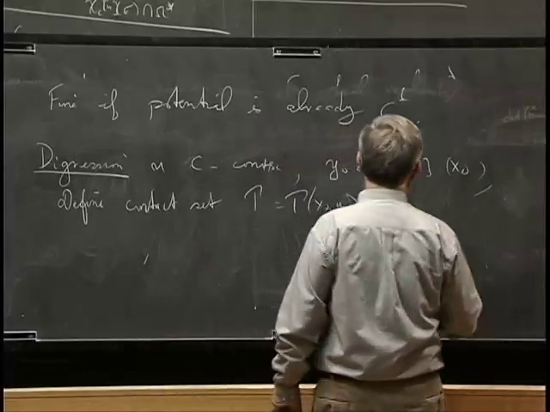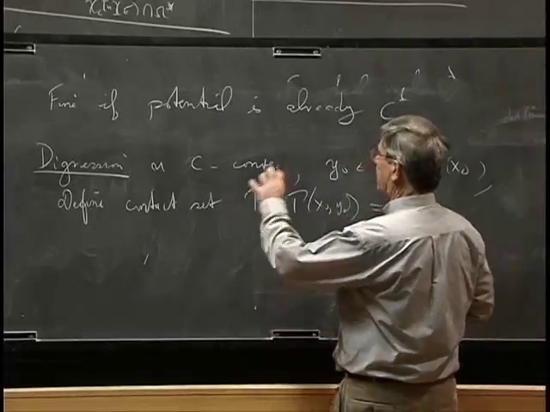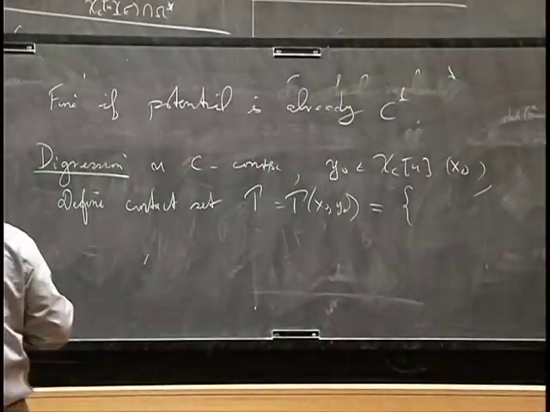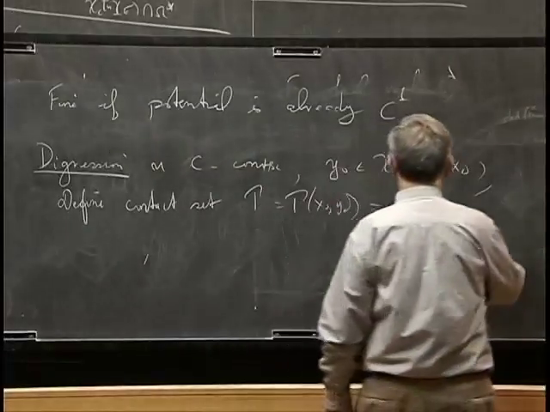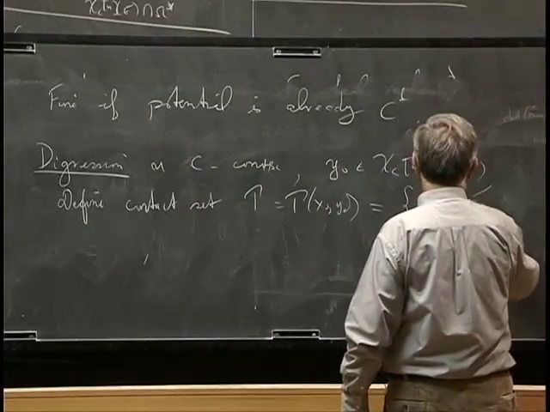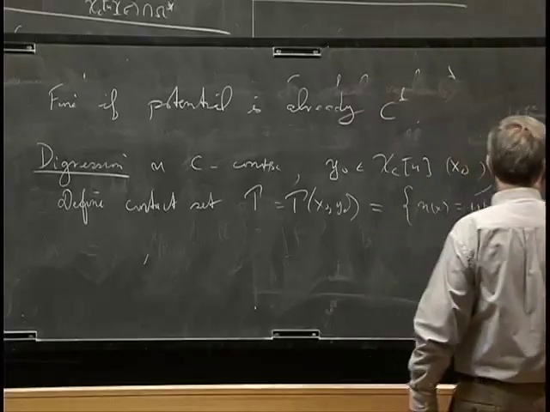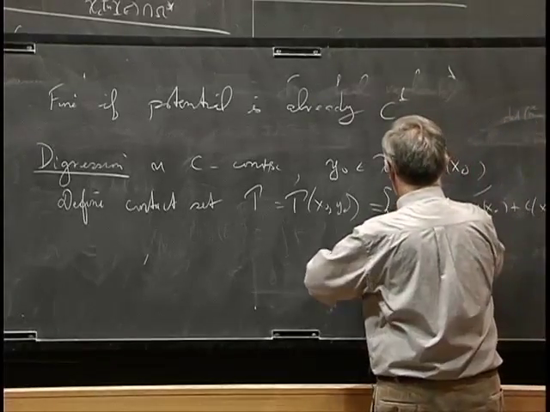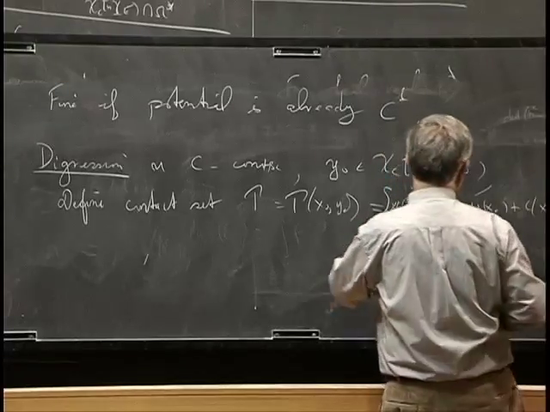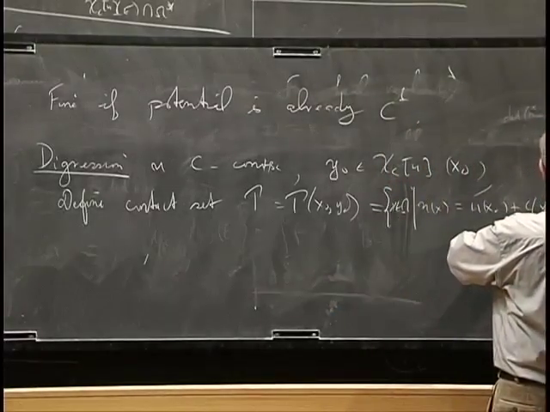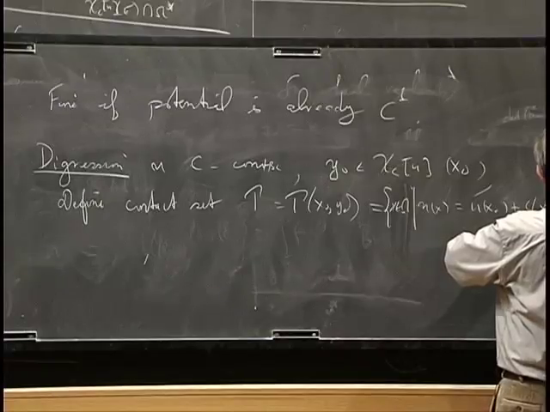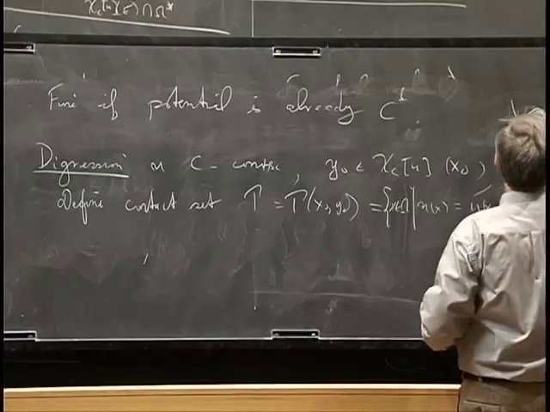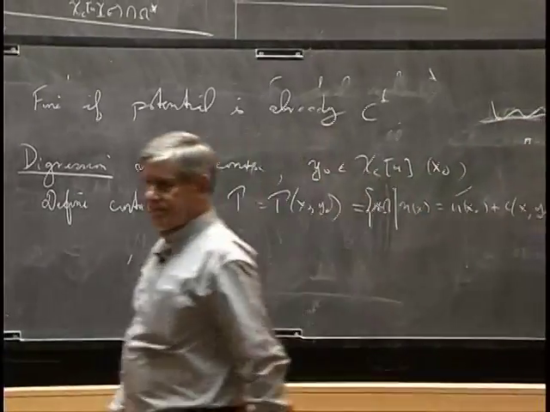This is the set where the inequality becomes equality in the condition for support functions. It's a set of x in omega such that u of x is the same as u of x0 plus c(x, y0) minus c(x0, y0). So the contact set is a set of points where we have contact.